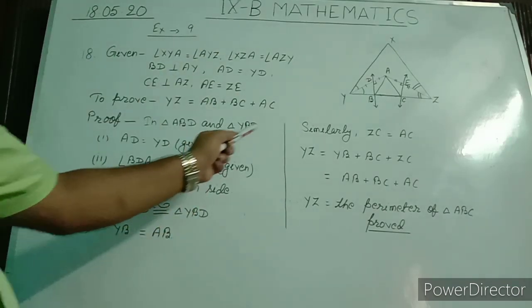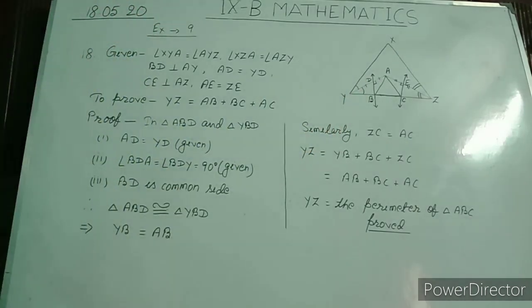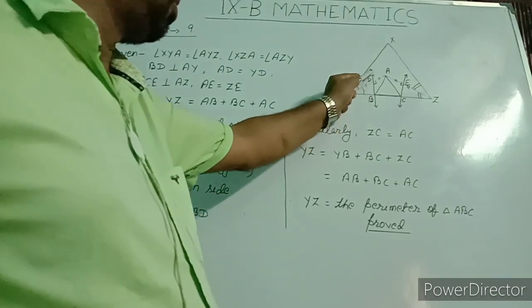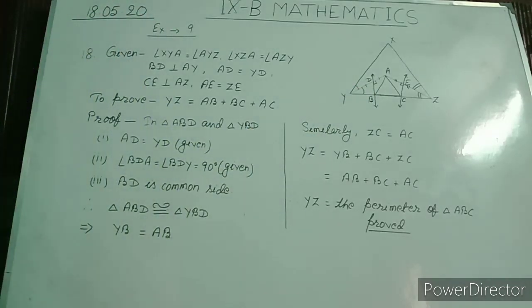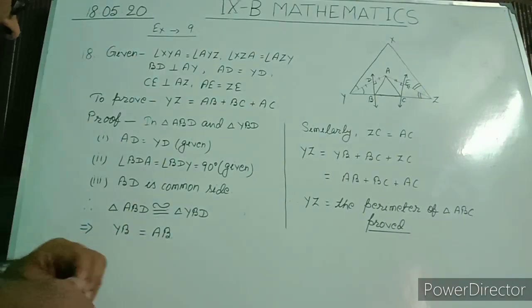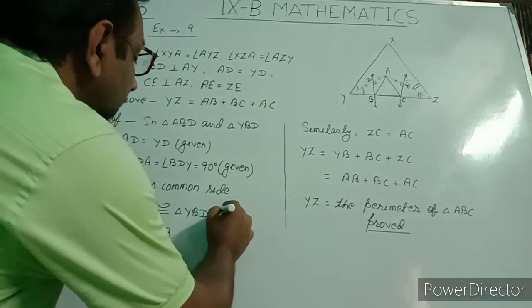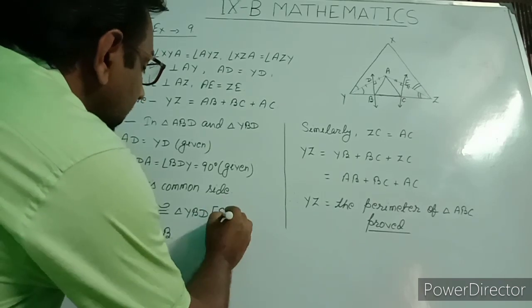These two are because DB is perpendicular to AY and bisector of AY. And third condition, that BD is common side, because this BD lies in both the triangles, in triangle ABD and triangle YBD. So we have three conditions to say that triangle ABD is congruent to triangle YBD. From which criterion? This criterion is SAS.